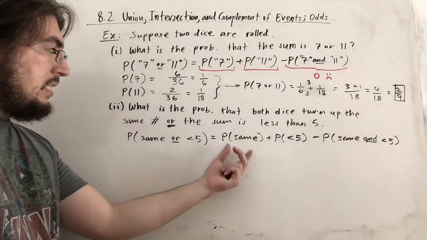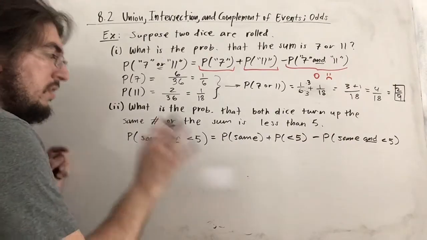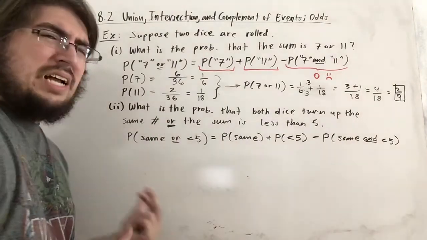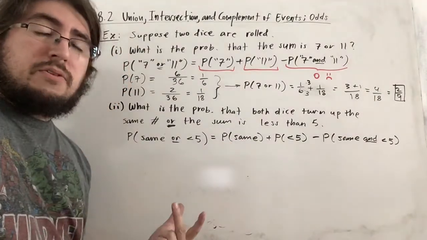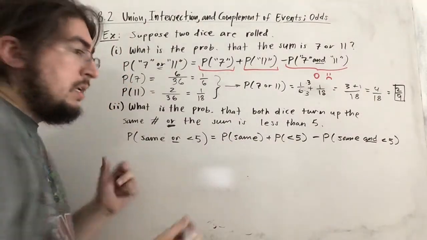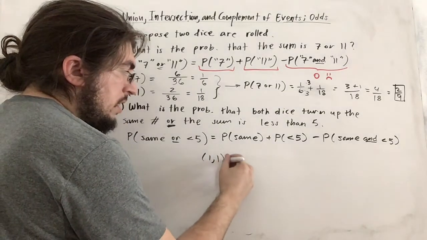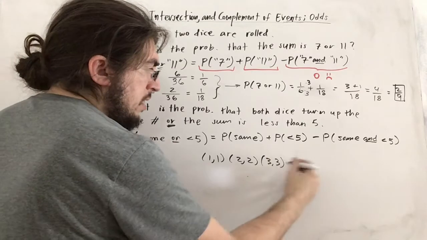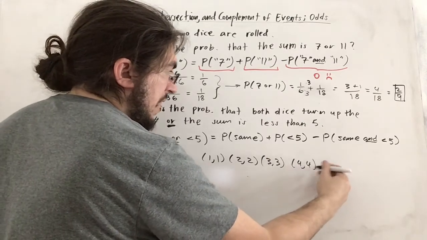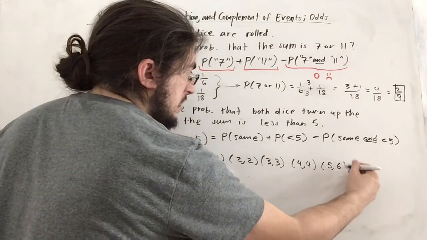Well, anyways, let's see if we can do this. So this requires some calculation, but it's not too bad. So if you count the ordered pairs where you roll 2 dice and they're the same, there's only 6 choices. Either you can roll a 1 then a 1, a 2 then a 2, a 3 then a 3, a 4 then a 4, a 5 then a 5, or a 6 then a 6.